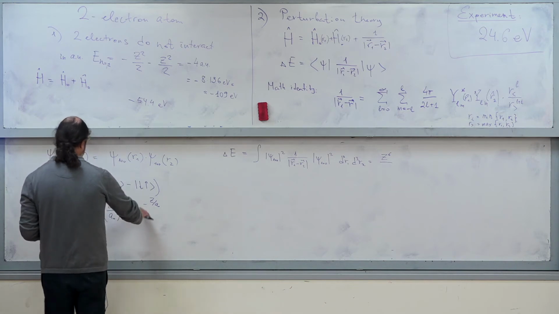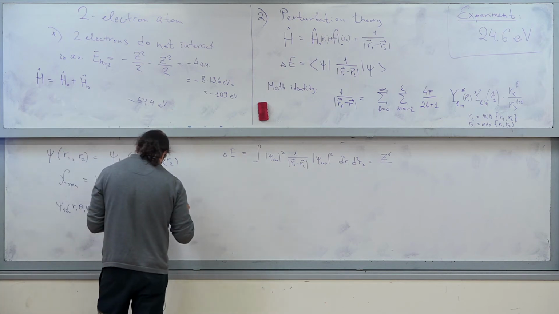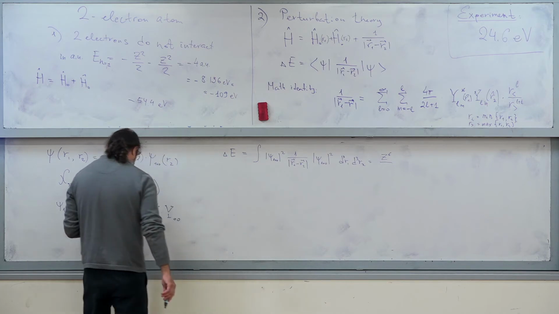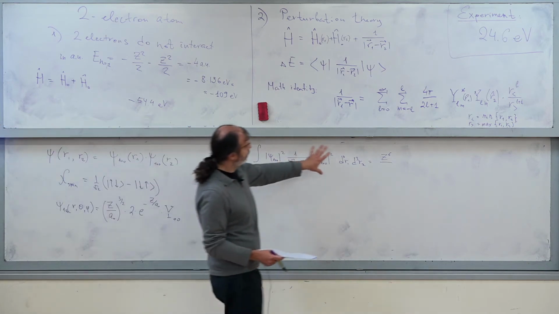So that's the ground state of the hydrogen wave function multiplied by the spherical harmonic Y 0 0, right? So that's the wave function that we are using in order to calculate this integral.